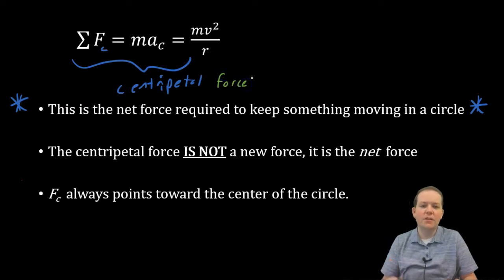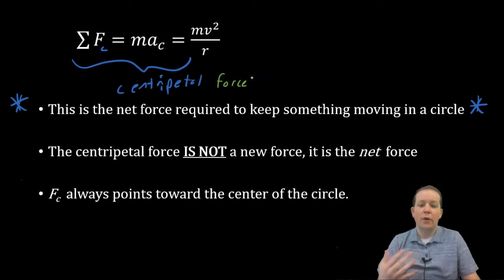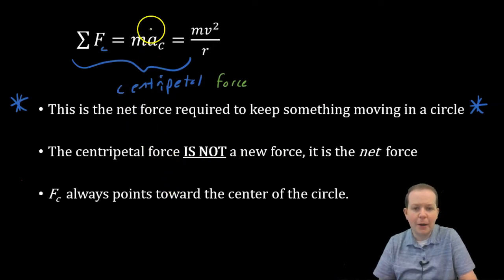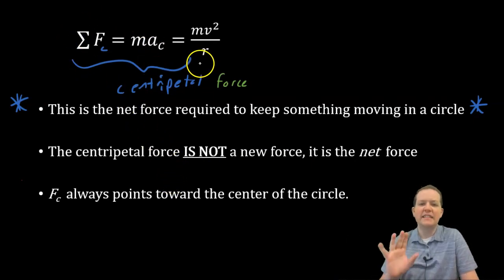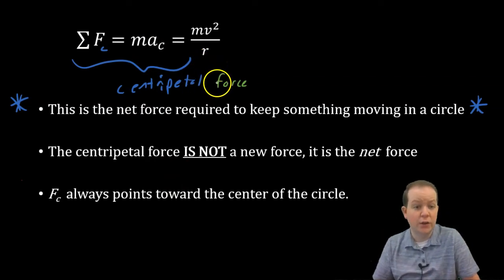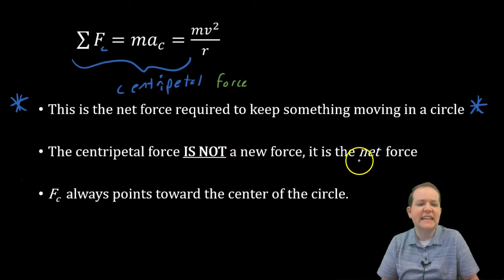The centripetal force does not refer to an individual force like tension or weight or normal force. When I say the centripetal force of the object, I am talking about the net force that is acting on it that's overall causing it to move in a circular path. Centripetal force is not a new individual force, it is the net force.